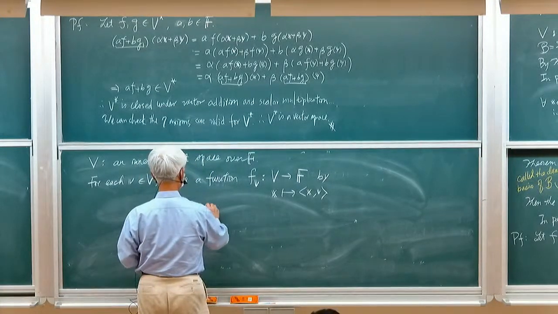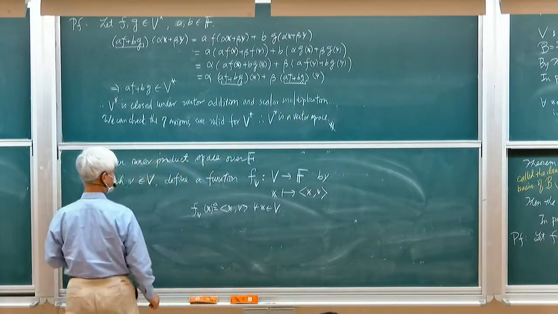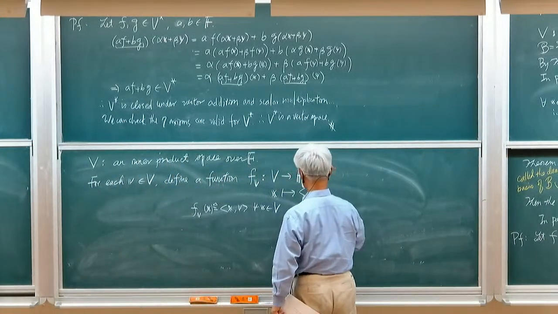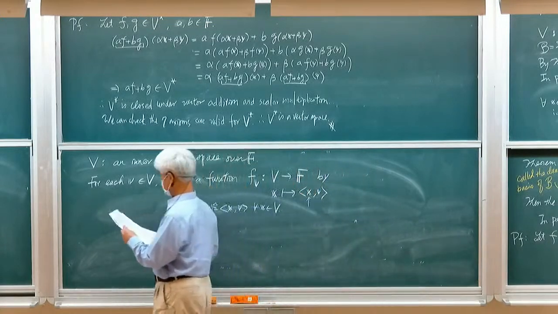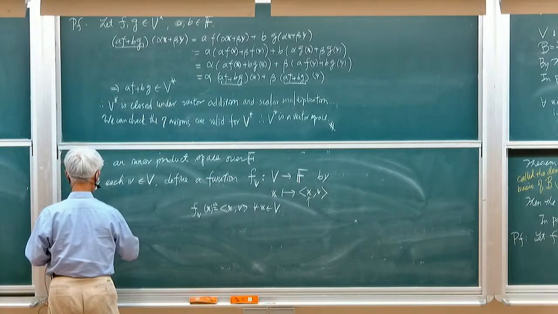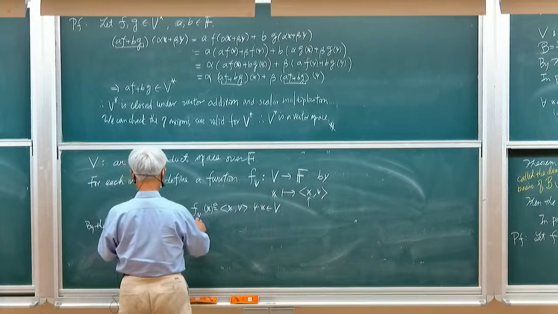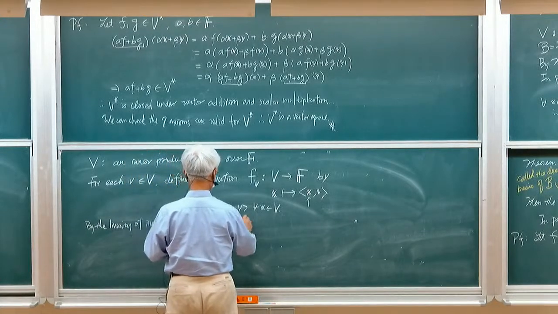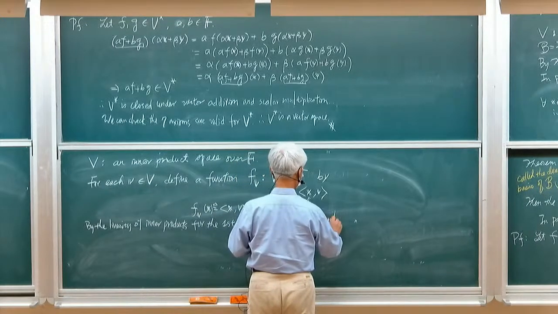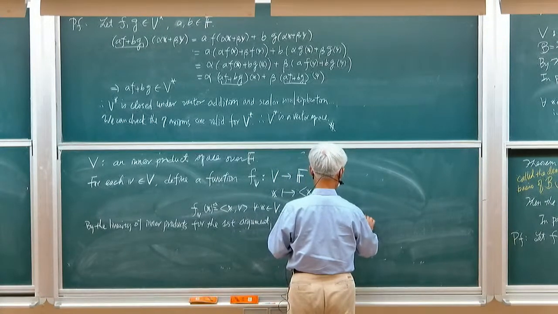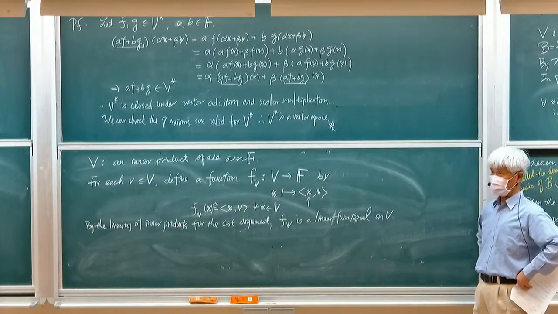That is, f_v(x) is defined to be the inner product of x and v. And because the inner product has linearity in the first argument, by the linearity of the inner product for the first argument, every f_v is a linear function on V. So to construct a linear function on an inner product space is very easy.